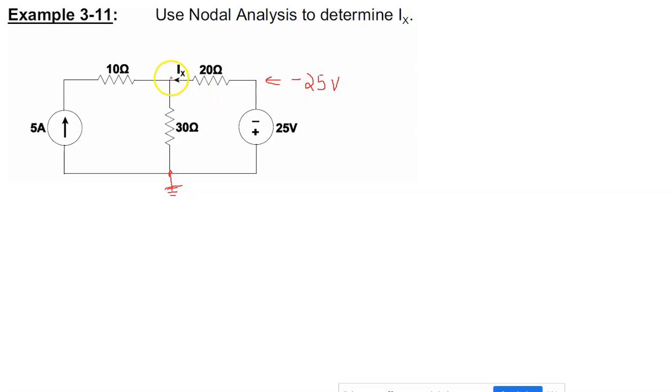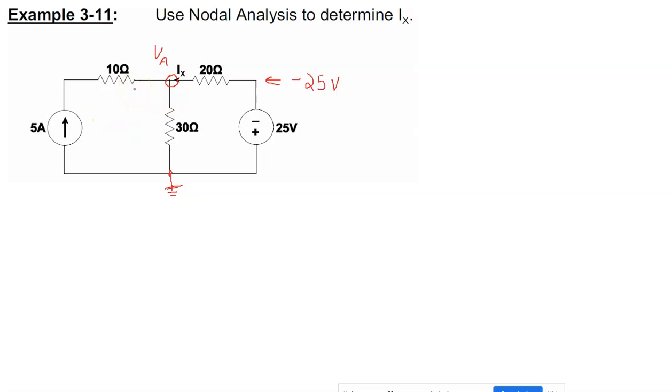And so we have to write an equation for this node right here. We call that voltage right there VA. Now, we've got some currents, and we said that this is easier when all the currents leave. Now, the 5 amp current here, we might want to call that one entering.